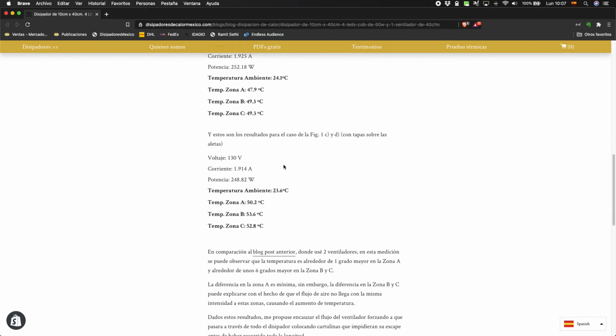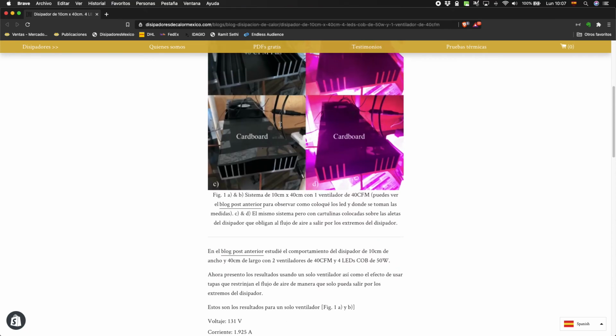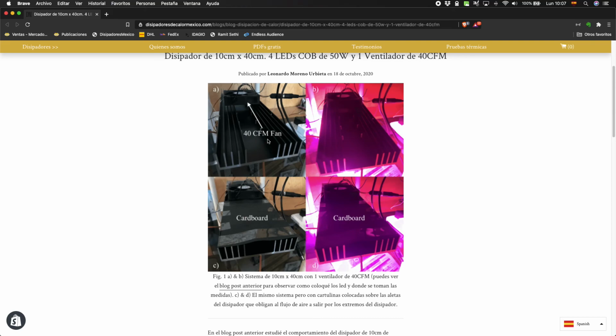But actually it seems that it's better to only put the fan without any further restrictions, and that has been a very useful result in order to have better recommendations for my clients.